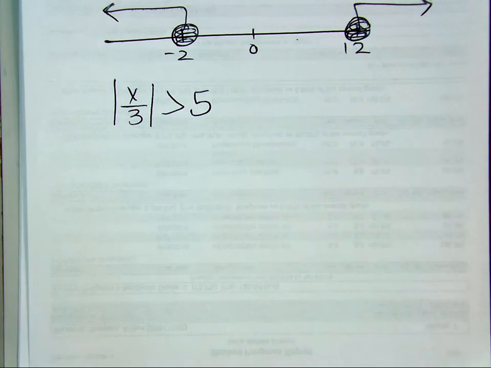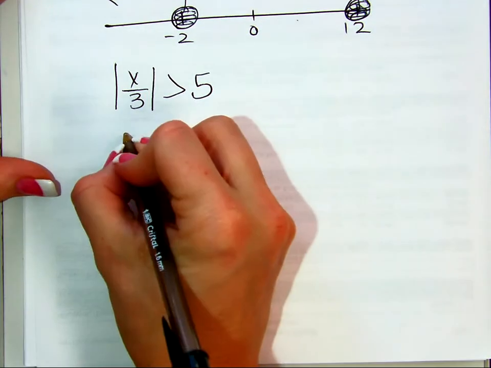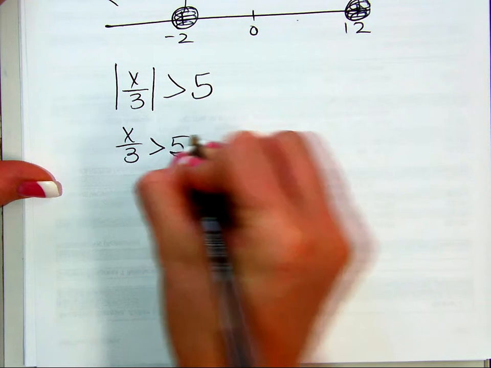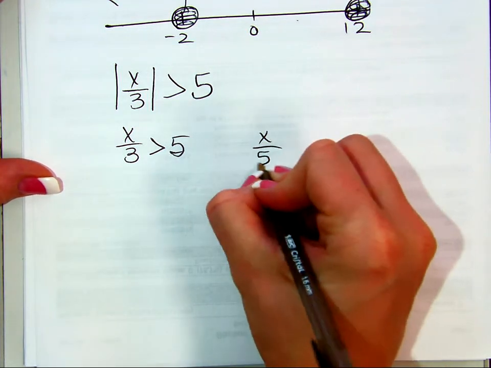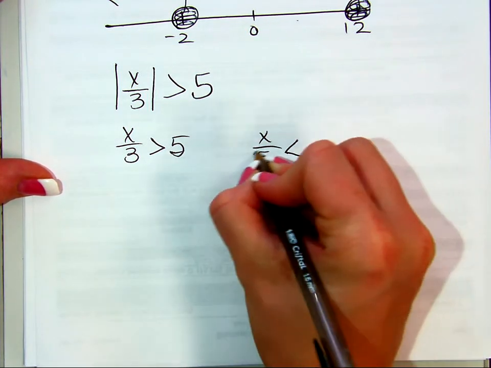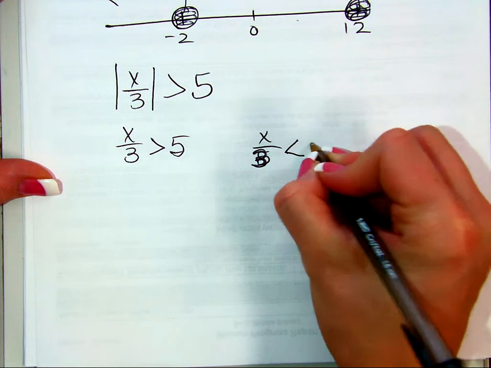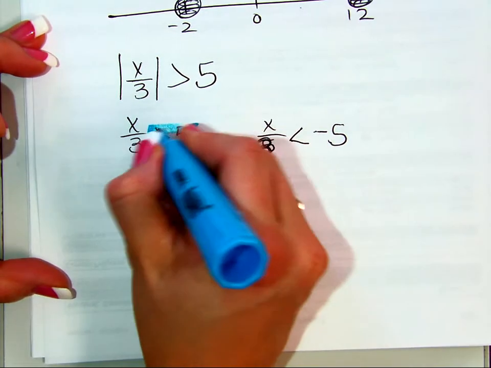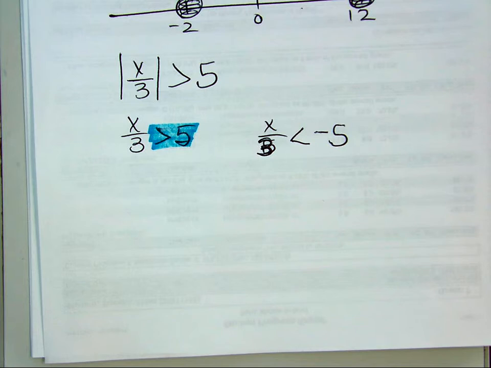This is not as tricky as it looks. It's just division. So, I'm going to take x over 3 greater than +5 and x over 3 less than, oops, I said 3, wrote 5, -5, right? So, greater than +5, less than -5.